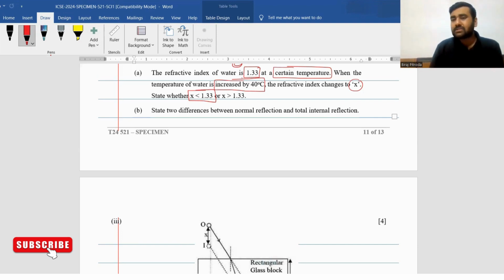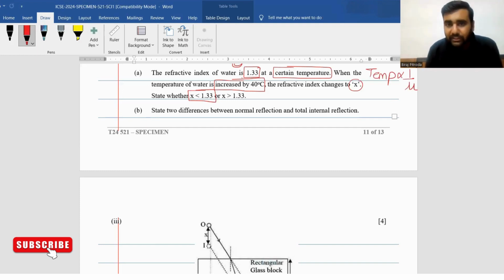So technically here, students, they are trying to update us on what is the relation between temperature and the refractive index. Technically speaking, temperature, students, we know that it is inversely proportional to refractive index.